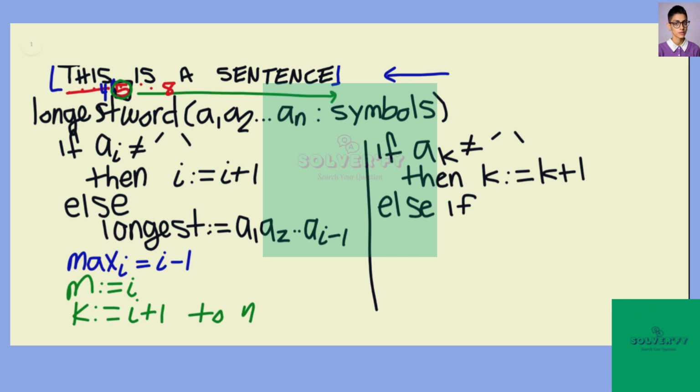Okay? And what's going to happen when that case arises is we're going to take k minus 1. And we're subtracting 1 because k is at a space, but we're interested in the word itself. So we want to go back to the last letter of the word. And from that, we'll subtract m plus 1, right? Because m is at the space at the beginning of the word, and we want it to sit at the first letter of the word.